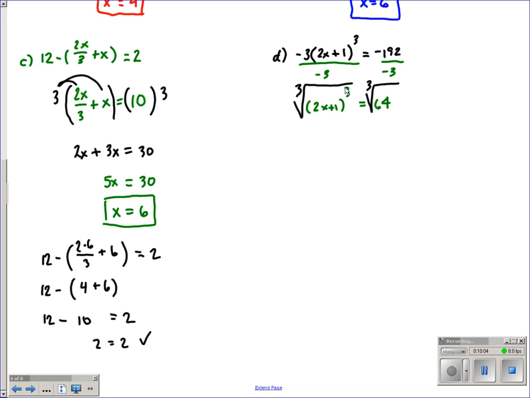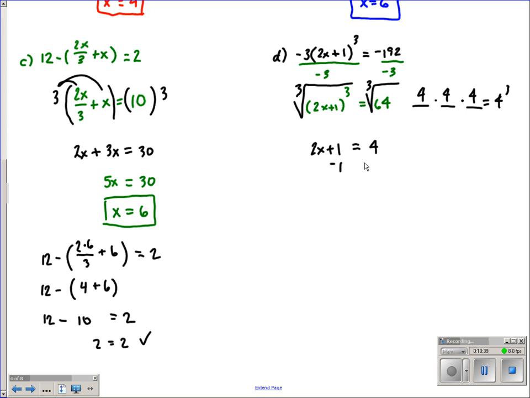This cube root will cancel out this third power, so we're left with 2x plus 1 should equal the cube root of 64, and that's going to be what number times itself 3 times gives us 64. Well, that would be 4 times 4 times 4, which is 4 to the third. So the cube root of 64 is going to be 4.